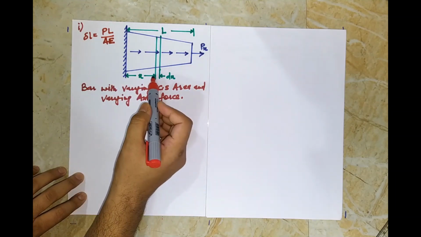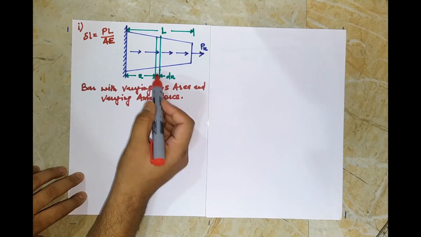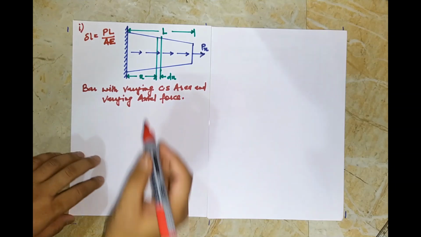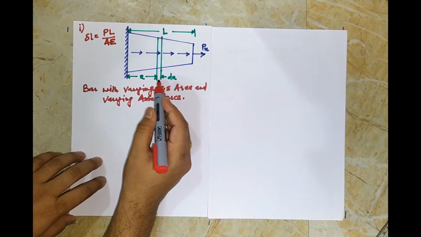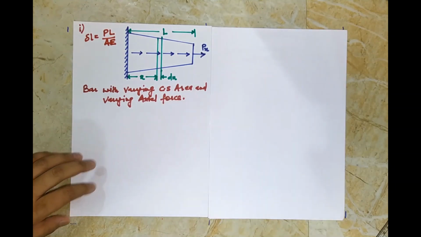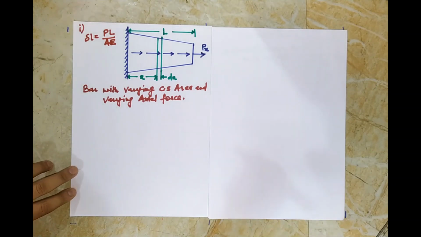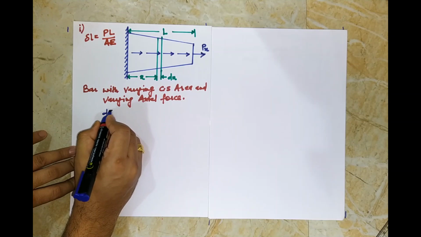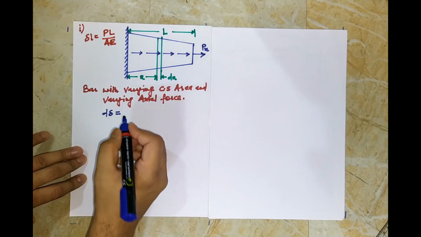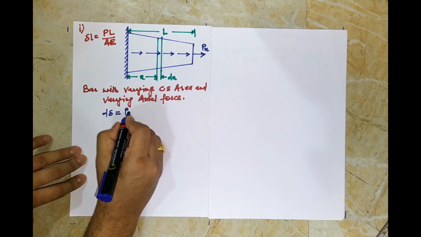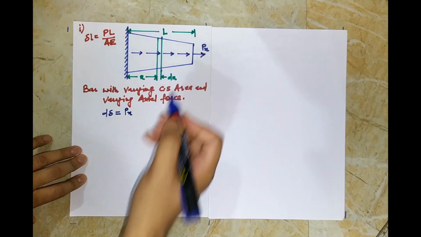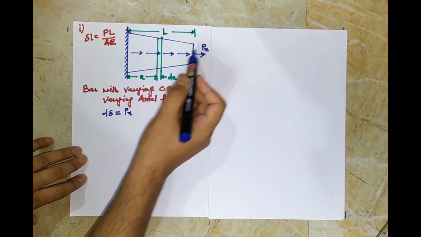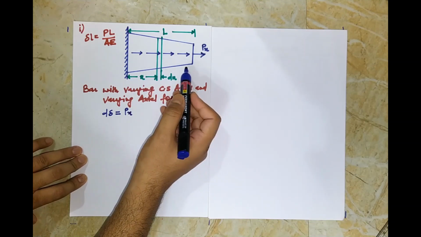So for this we'll have to take a small element of width dx, and let us find the deflection or deformation in this small element. The deformation in this small element, that is d delta, will be equal to P(x), because the loading is also varying, so P depends upon x.